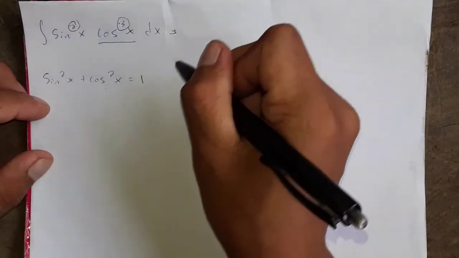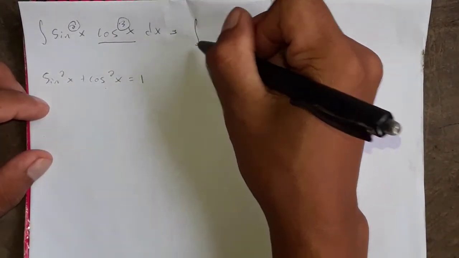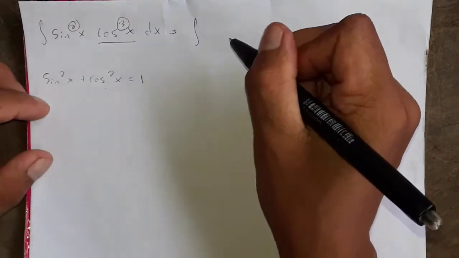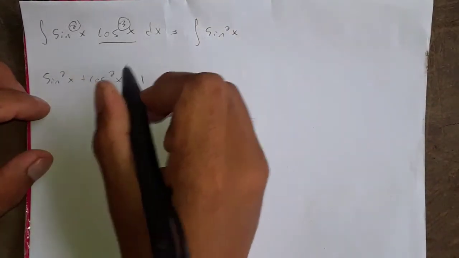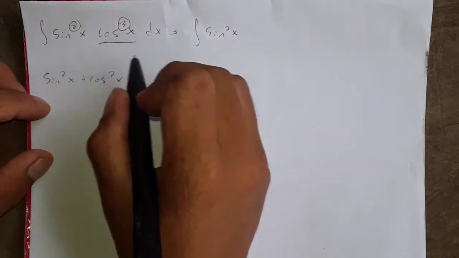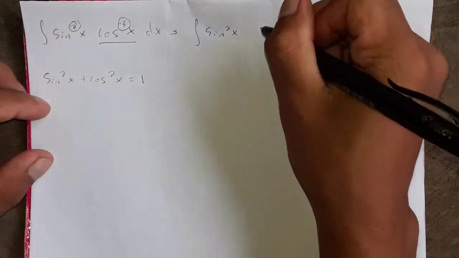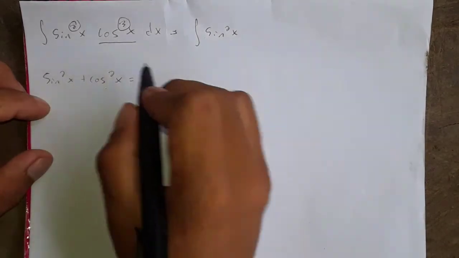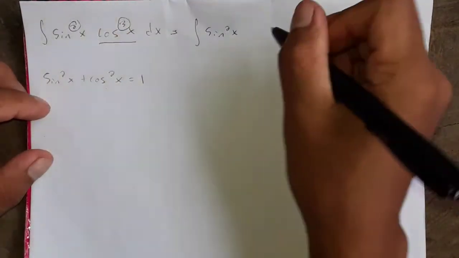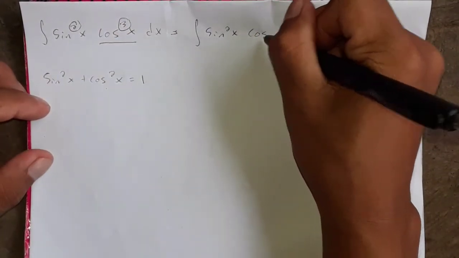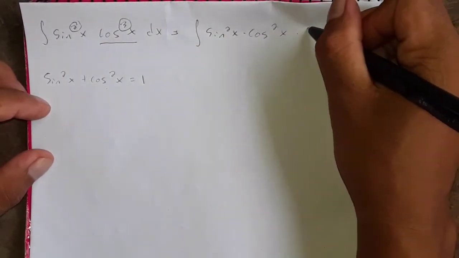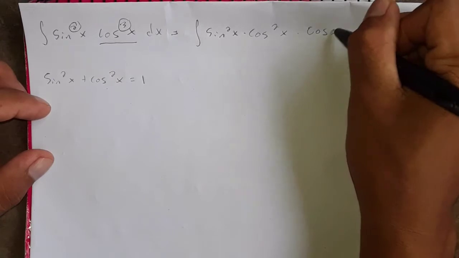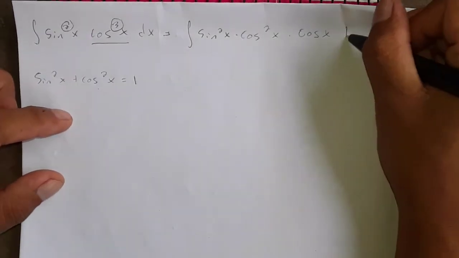So from our original function, we break the function that has an odd exponent, which is 3. So it's going to be cosine squared of x times 1 cosine of x dx.